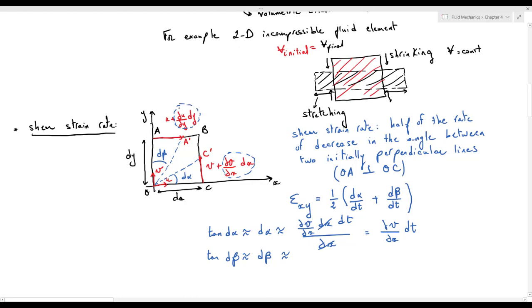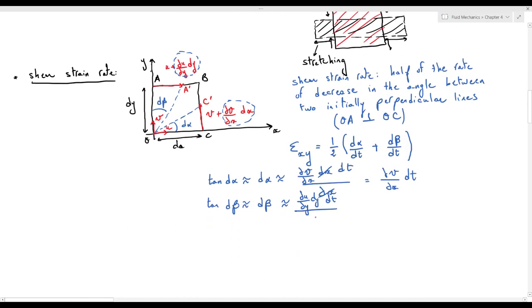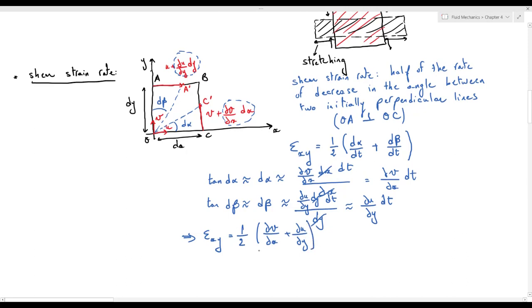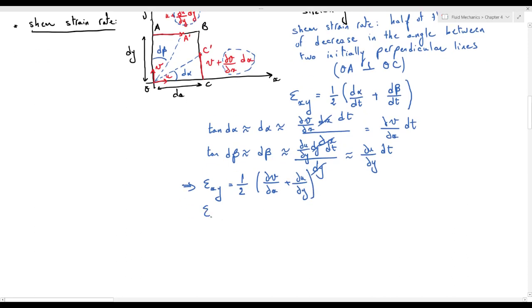This distance is due to the velocity gradient del u over del y dy times dt, in order to obtain the distance AA prime over the adjacent segment dy. So d beta will be equal to del u over del y dt. So then epsilon xy will be equal to half, d alpha over dt is just del v over del x, and d beta over dt is just del u over del y.